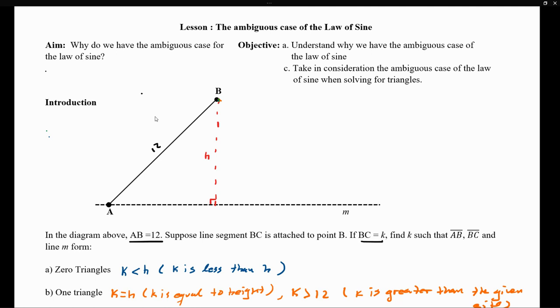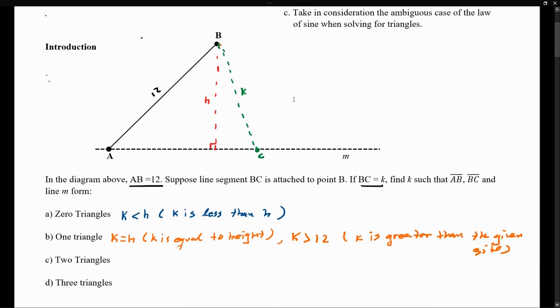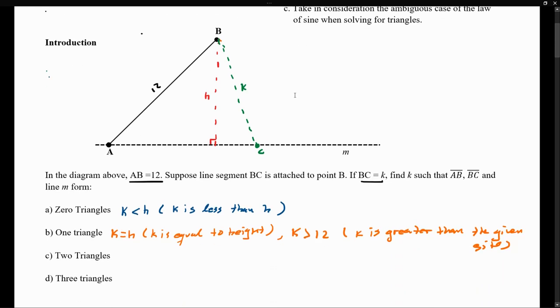So what would have happened if we create a line segment, let me call it C, in such a way that k, or this length, is actually less than the given, which is 12? So what would happen if we have that scenario?